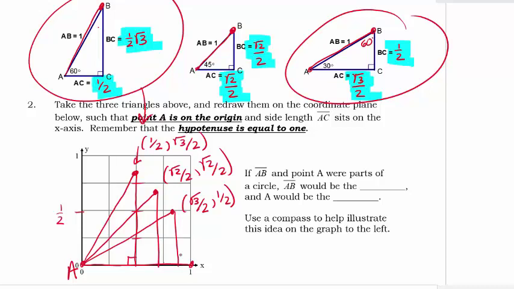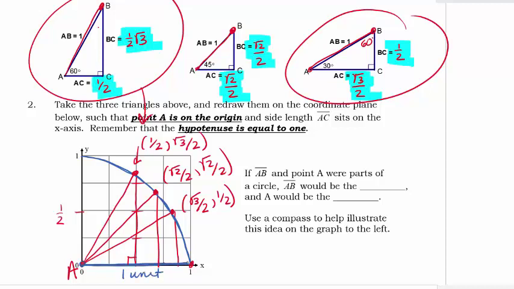And if you look at this, this is kind of a nice, pretty array. In fact, if I took a compass, I don't have one handy, but if I did, I could draw a circle or the arc of a circle, and it would hit those points. This we call the unit circle because the radius is equal to 1 unit.